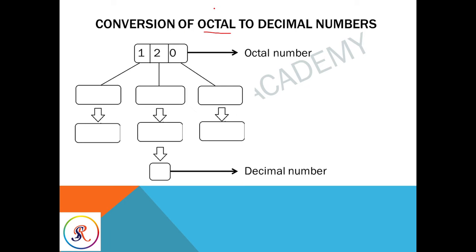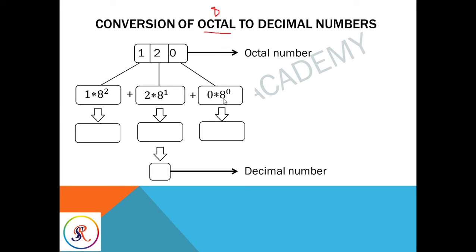Octal means base is 8. So we have to multiply with 8. In binary, what we have done is multiply with 2. Here our base is 8, so we multiply with 8. Now in this case, instead of 2, we replaced 8.